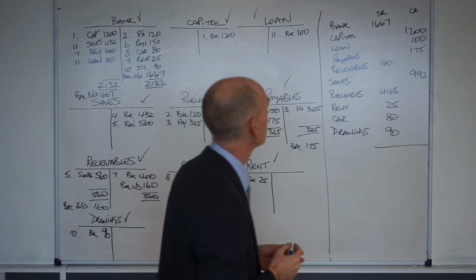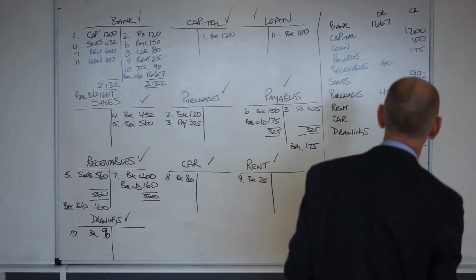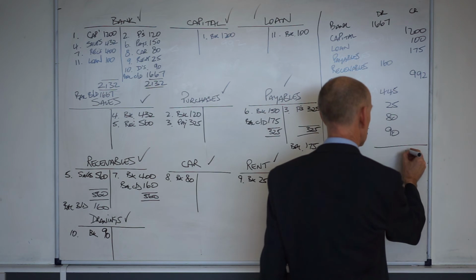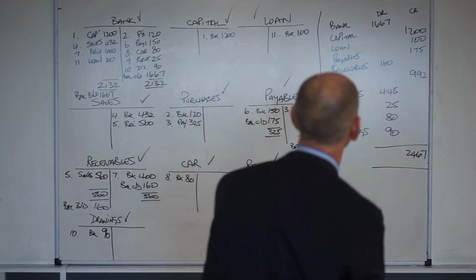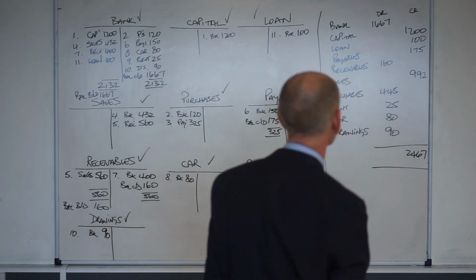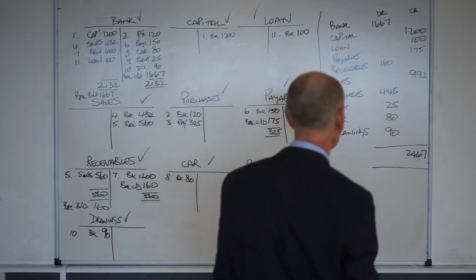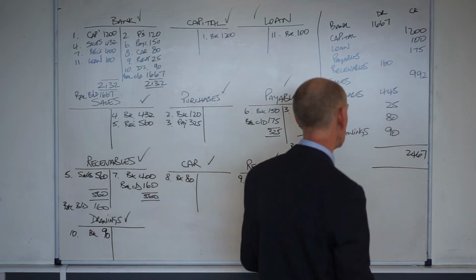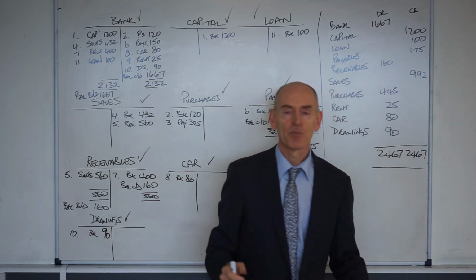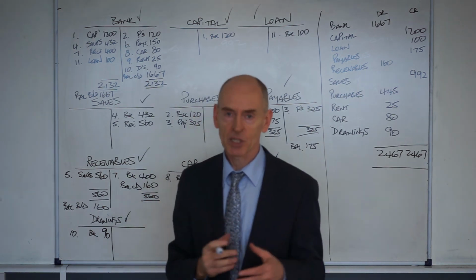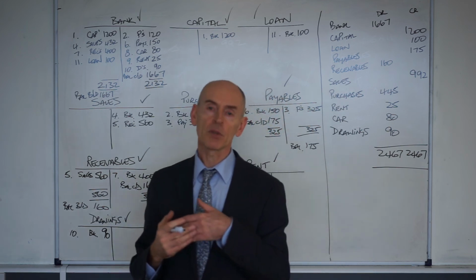So let's just see if they are. 1475, 2375, 2467, 2467 on that side. 1667, 1827, 2272, 2297, 2377, 2467, 2467.